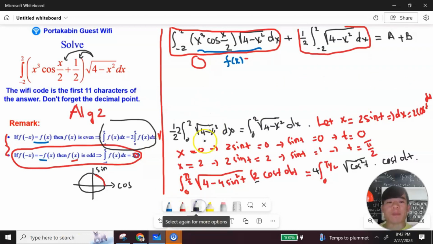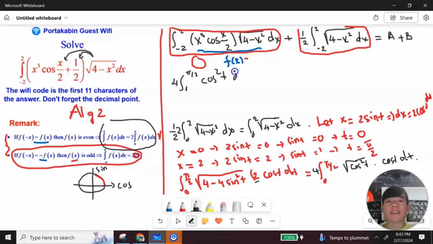Let's finish this problem. So basically, I have 4 times the integral from 0 to pi over 2, and then root cosine square t is going to be cosine. Cosine times cosine is going to be cosine square t dt.